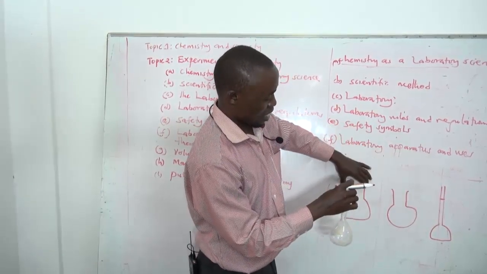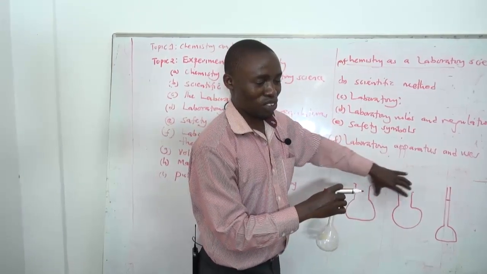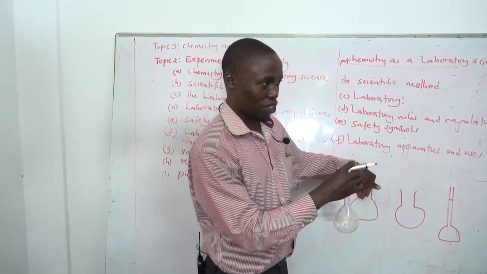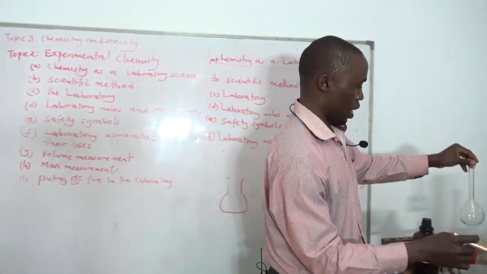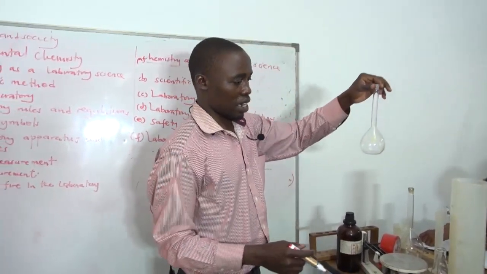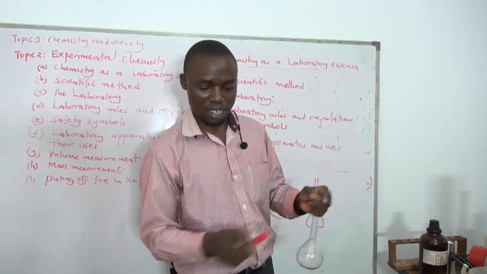Then this one is a flat-bottomed. This is a round one. We didn't have them here, but incidentally, they are different, not so? Now, fine. This is a volumetric what? Flask. Now, you give me their uses particularly.